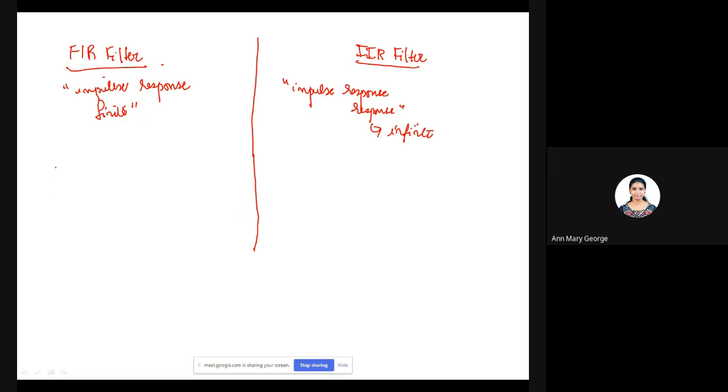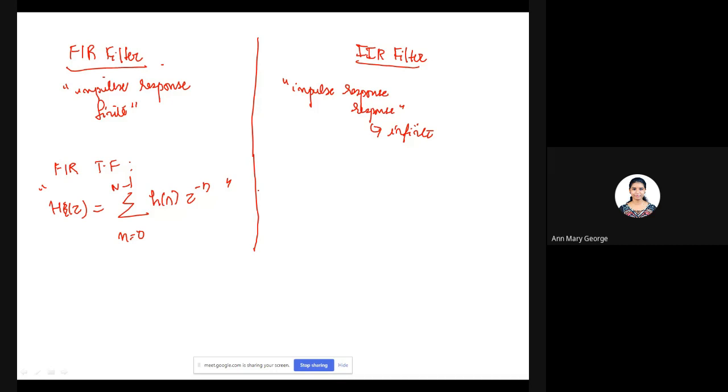For FIR, you have studied the transfer function H(z) equal to summation of n equal to 0 to N minus 1 h(n) z raised to minus n. You have already designed FIR filters using this expression.